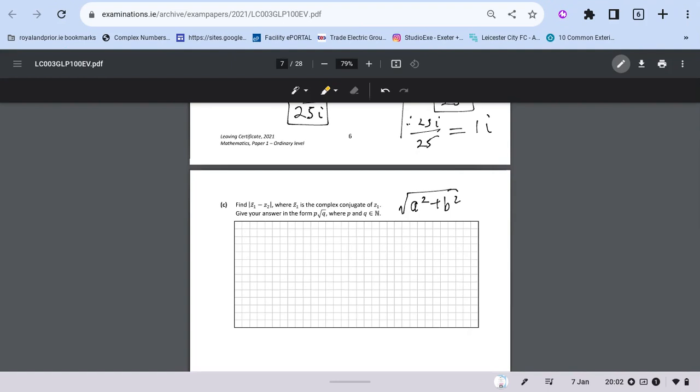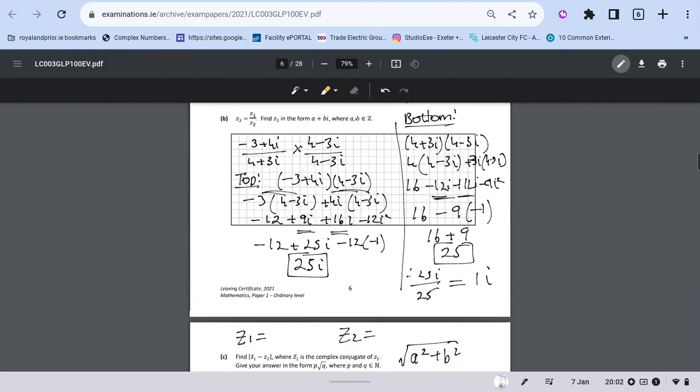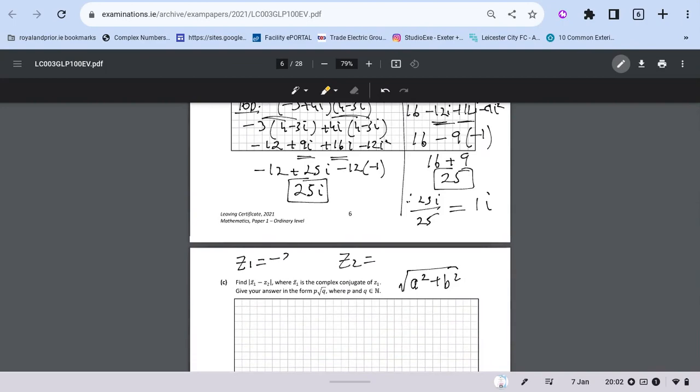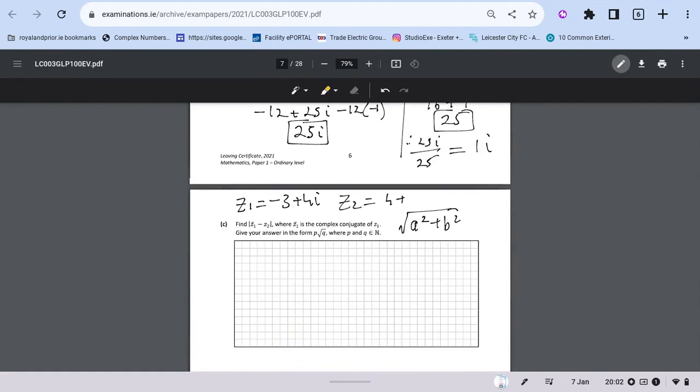Now the first thing is I'm going to have to do a bit of subtraction, and I'm going to have to work out the conjugate. So Z1 and Z2, just so I have them written down. Z1 is minus 3 plus 4i, and Z2 is 4 plus 3i. Now, first one is Z1 conjugate. So Z1 conjugate, change the sign of the imaginary part: minus 3 minus 4i.